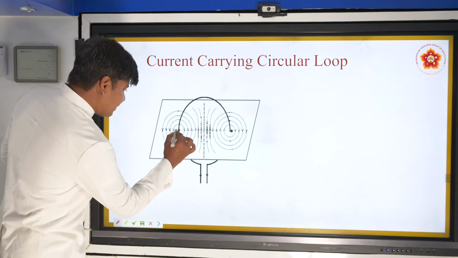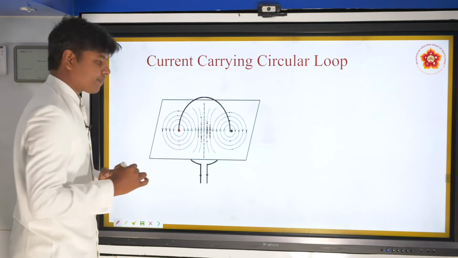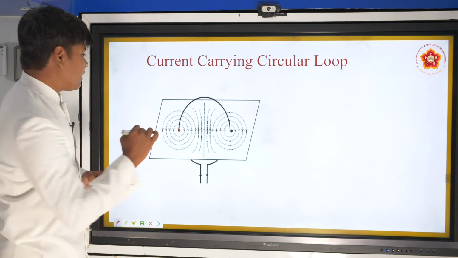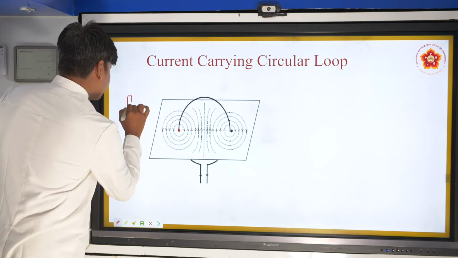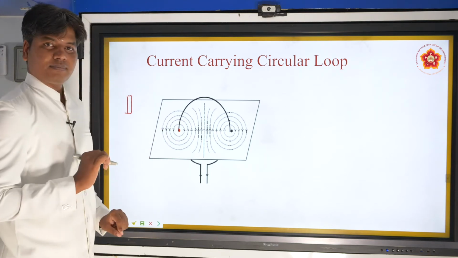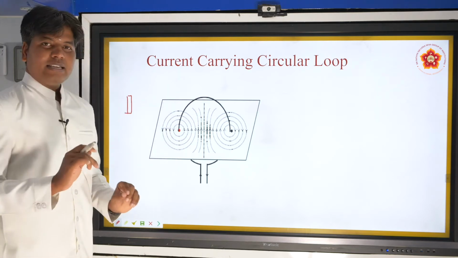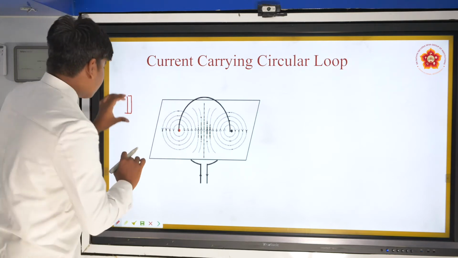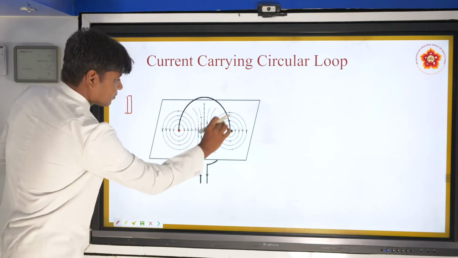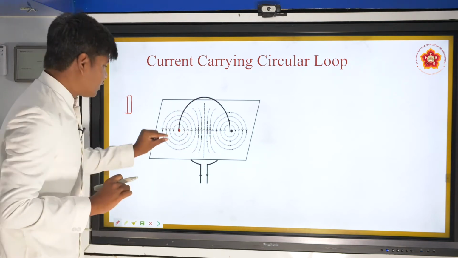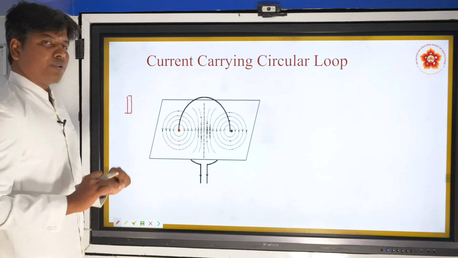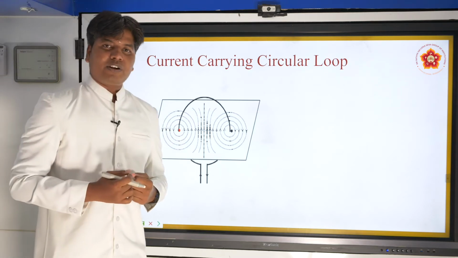Let us take this small element as one straight conductor. This circular coil is the addition of such small elements. So this small element will produce what? A circular magnetic field around it, right?